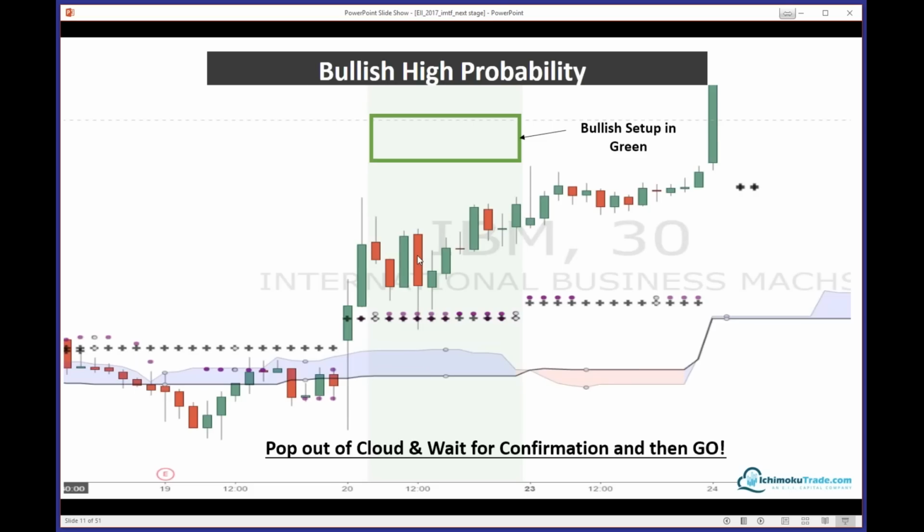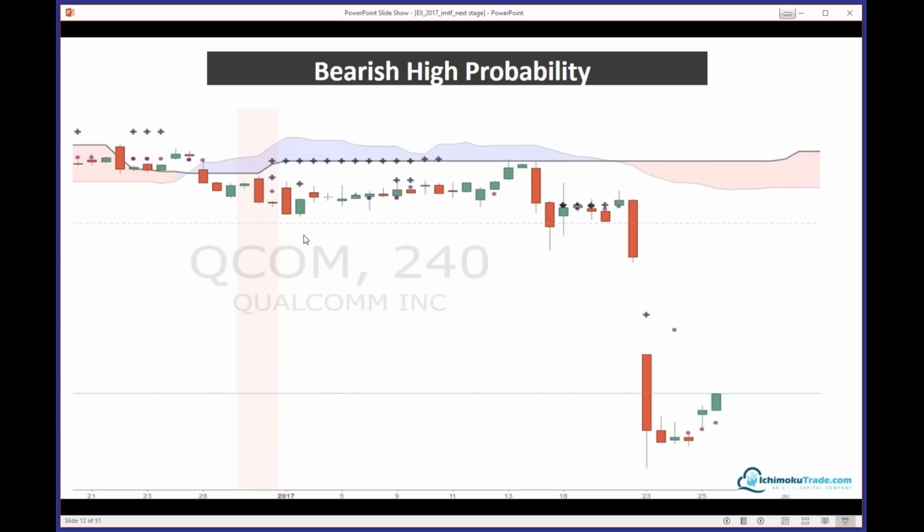This is the bullish trading zone. The bearish trading zone is here, where it's in red. When something's in red, that means you can now place a breakout or pullback trade in that zone. Okay, that's very simple. So you know that you could only trade bullish in a green zone, or you could trade bearish in a red zone. That's how simple it is.